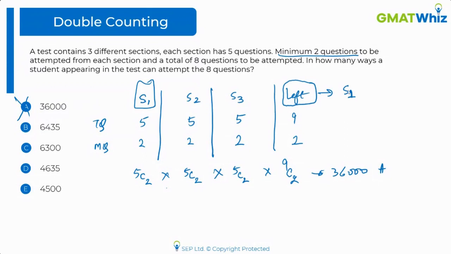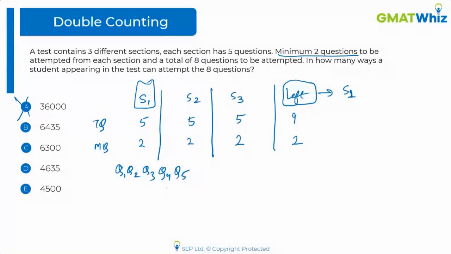Let's take the 5 questions in section 1 itself. Let's remove all this. Let's say the 5 questions in section 1 are these. I've removed the poll, don't worry about it. I knew it was complex, so please be with me here.